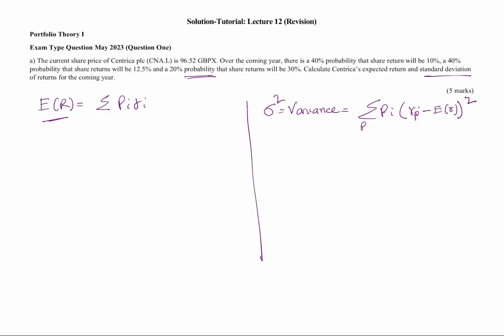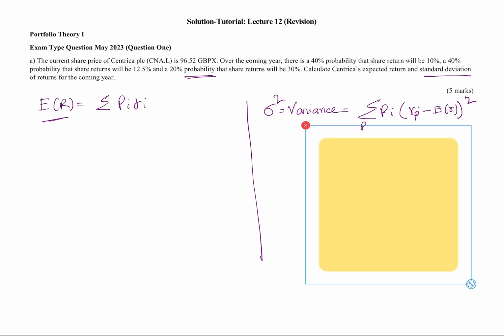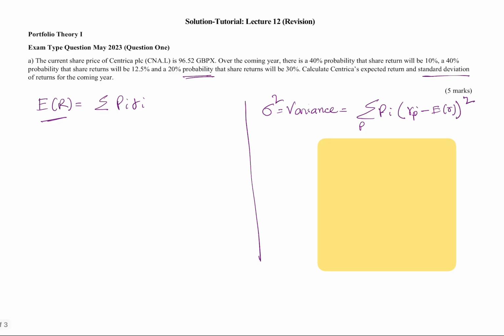So if we put all of this information in here, a better way of doing it is to write down all the information that we have. So what do we have here?